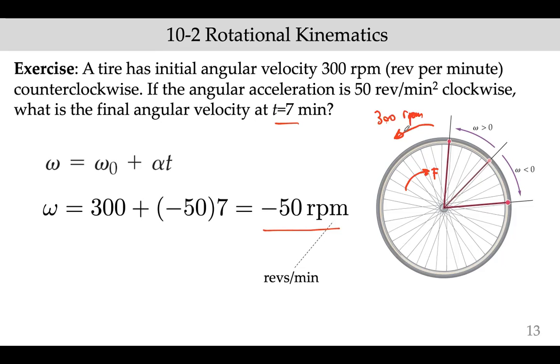So this force will stop it first, and then it will start rotating it in the clockwise direction, which is negative. So if you wait for 7 minutes, its direction changes and it now moves with a final speed of 50 RPM in the clockwise direction. And this negative sign tells us that it is now rotating in the clockwise direction.